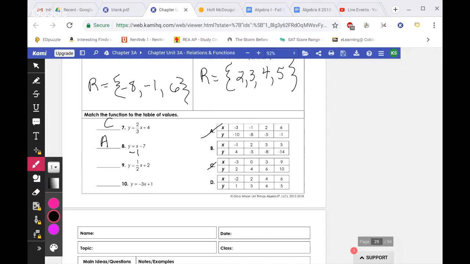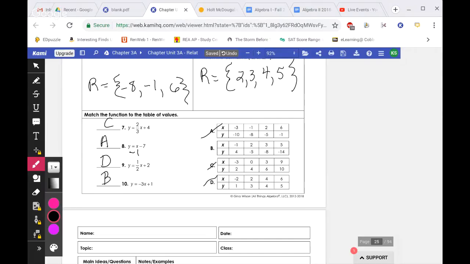So what are some multiples of 2? 4, 6. Yeah, good job. So which one between B and D has the multiples of 2 in the X value row? D. Yeah, good job. So 9 is D. Awesome. And then your only one left is B to go with 10. And you could go back and check your values, but it'll work.